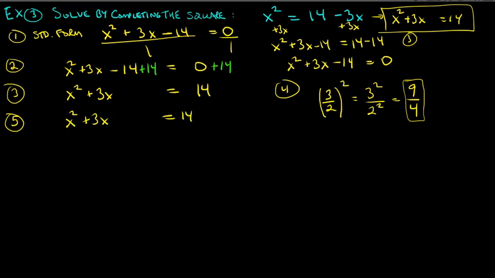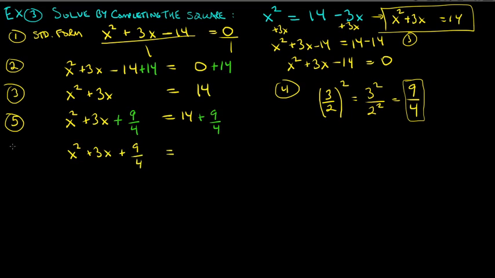On the left side, we're going to add 9 over 4, and on the right side, we're going to add 9 over 4. Those are fractions. Sometimes you just have to deal with fractions, like it or not.